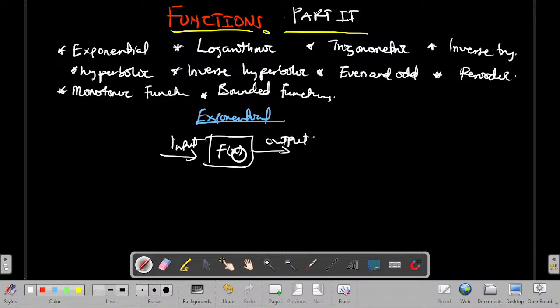This function f of x could be anything. Maybe what it does is the input that you give it, it's going to multiply by 2, or divide it by 2. That's the whole idea of function. So anytime you feed it to a respective function, it's going to give you the right output.